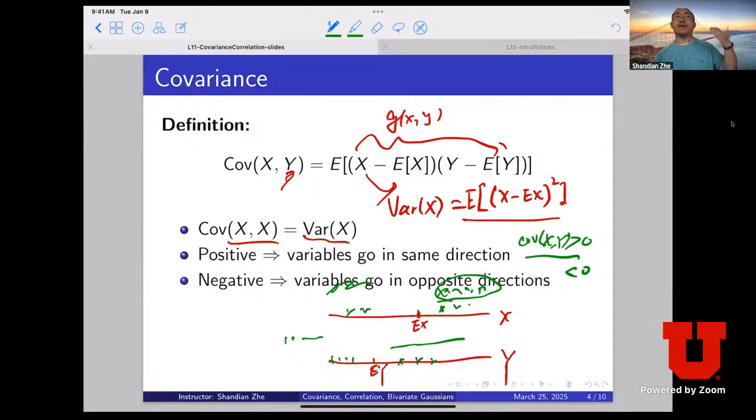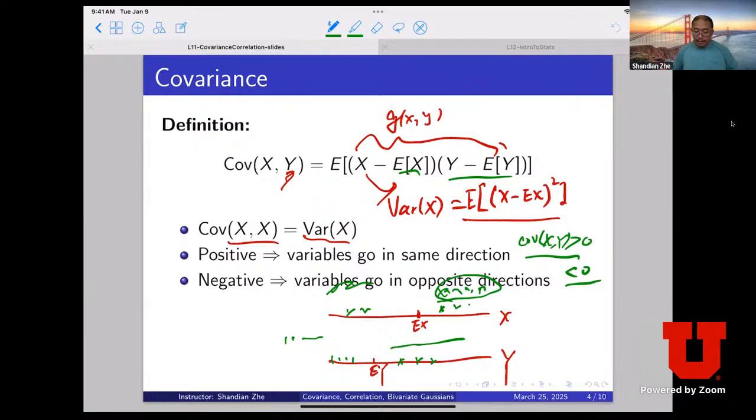That's why after you calculate the covariance, which is an expectation, their signs will flip. Their signs will be different. That's why on average the covariance is negative. Question?